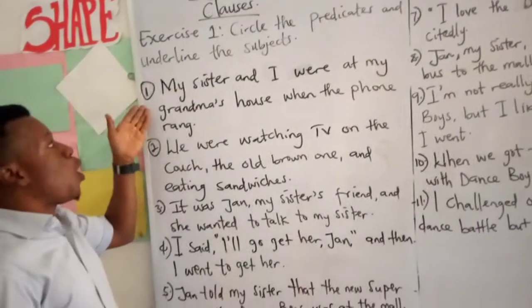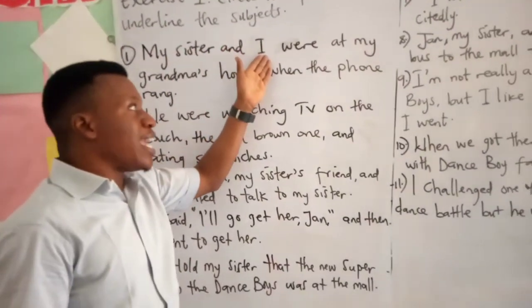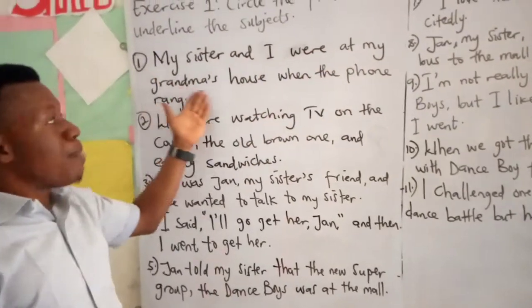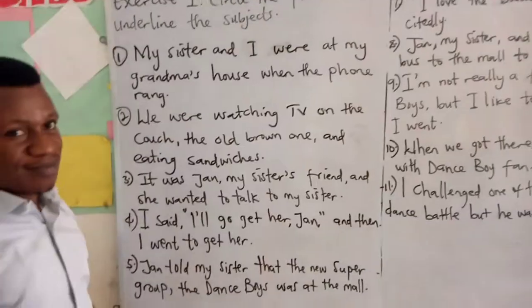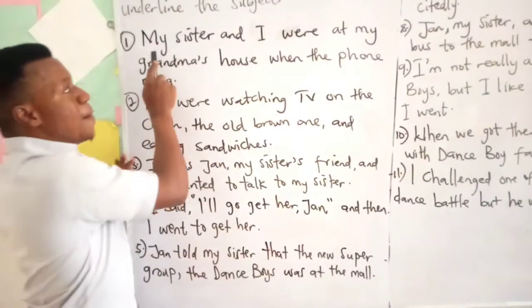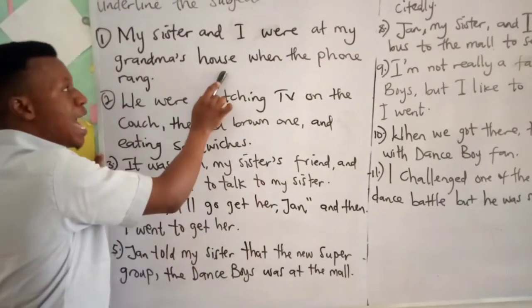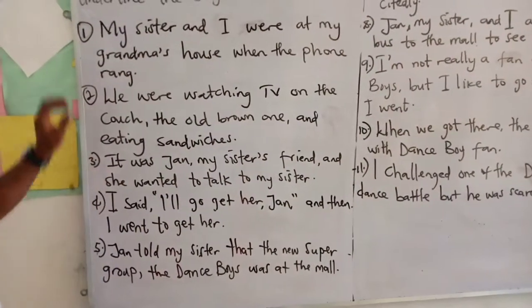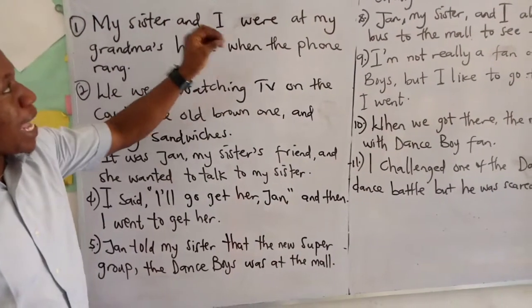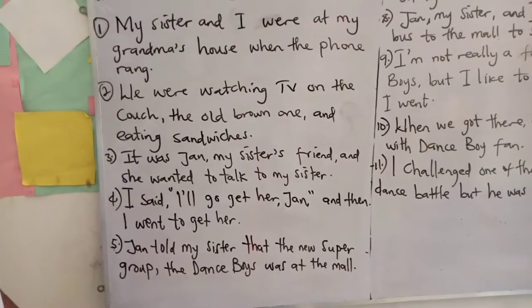Alright, for number one: my sister and I were at my grandma's house when the phone rang. Can you see this? This sentence, we are asked to circle the predicates and underline the subjects.